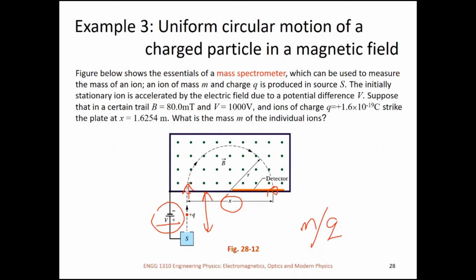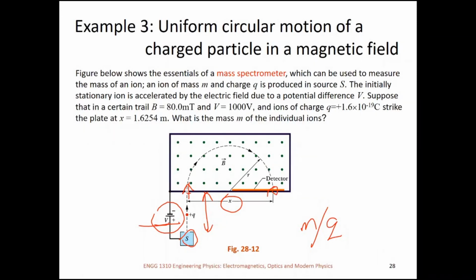Someone is asking, is that why a particle accelerator is a circular shape? Yes, that's true. Anyway, as I described, the ions after emission from the source are first accelerated by the voltage and then go into the B field.